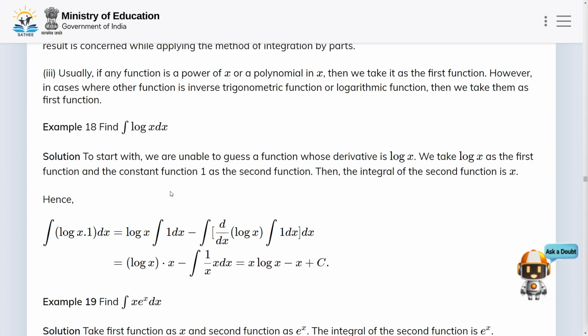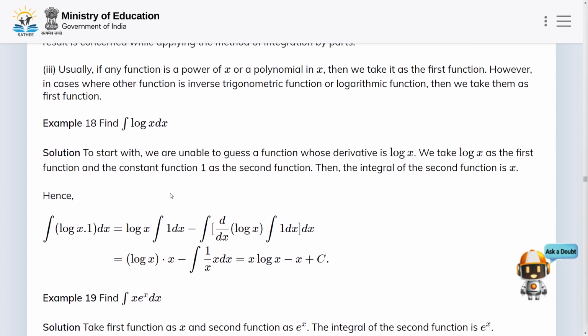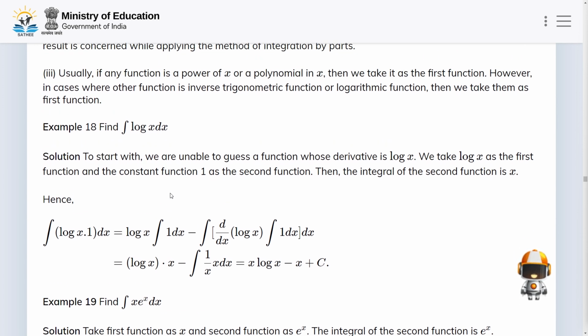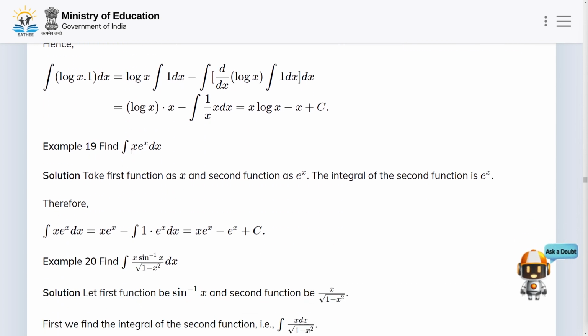Let us move to some more examples to know this concept better. Find the integration of x e^x. As you can see, we have a product of two different functions. One is an algebraic or polynomial type function, and the other is an exponential function.